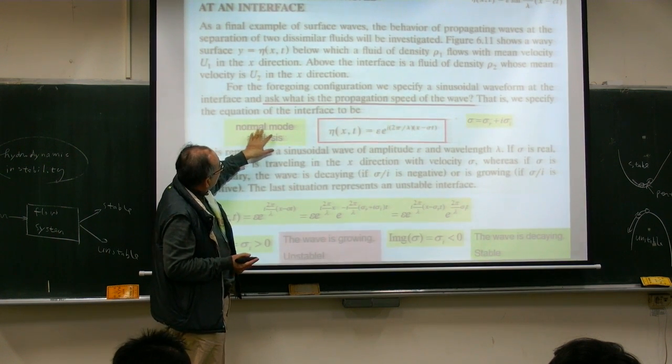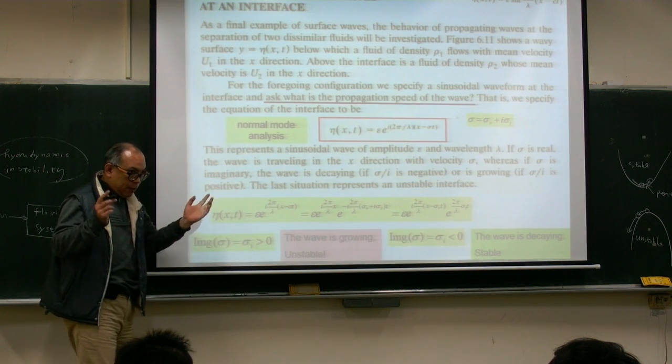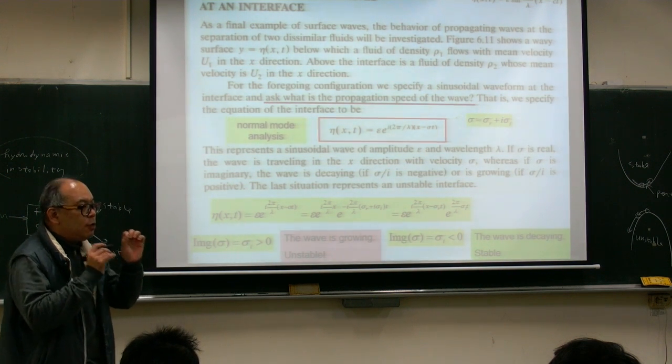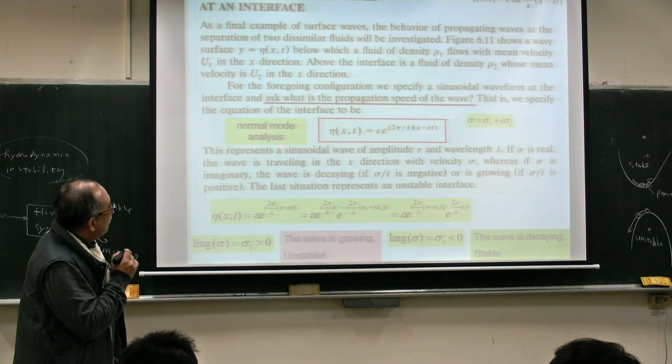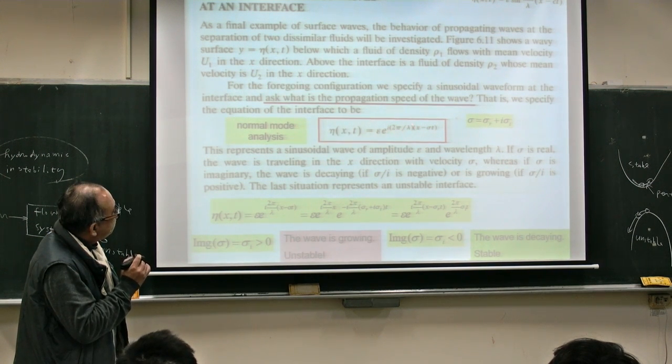All the sine and cosine functions represent the normal modes, and they are independent of each other. So we introduce a very small perturbation, superimposed by cosine and sine functions.